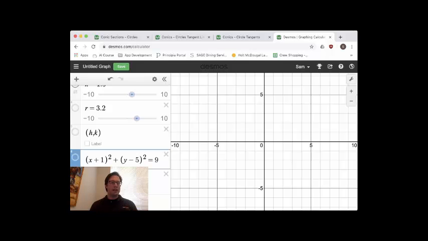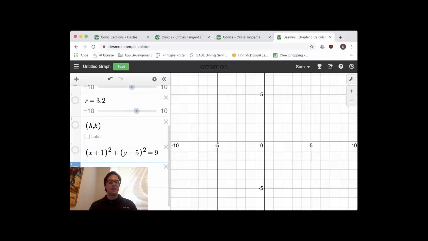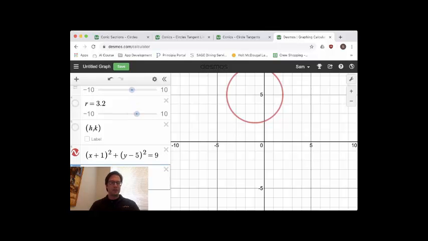And the answer to that is, because it's x +1 and y -5, we've shifted to the left 1 and we've shifted up 5. So we changed the signs of what's in here with our variables, and the center of our circle is at -1, 5. Go ahead and plot that so you can see it.